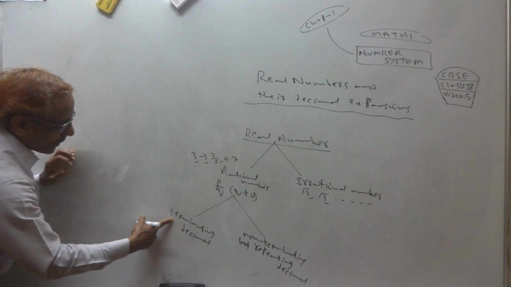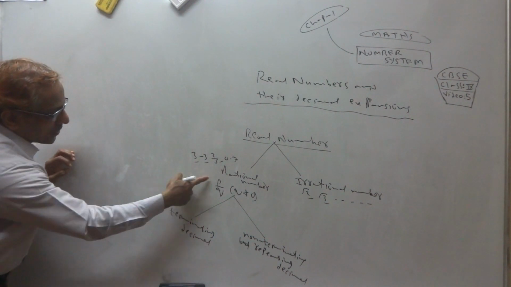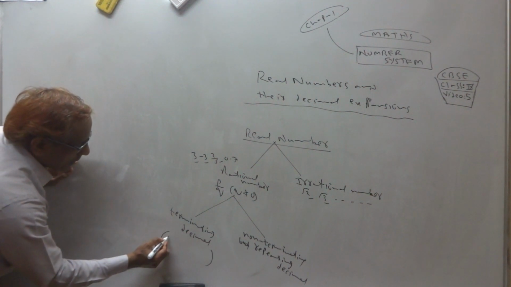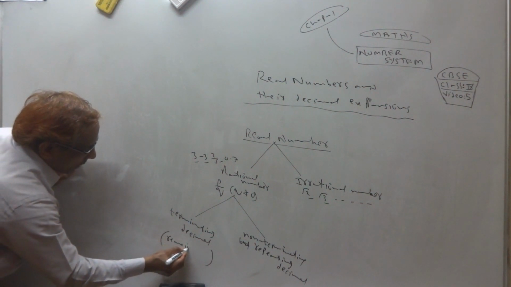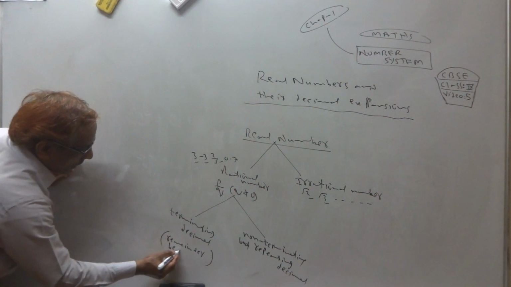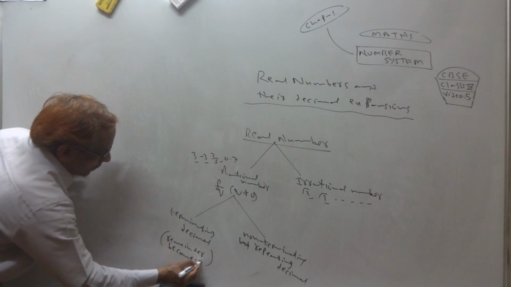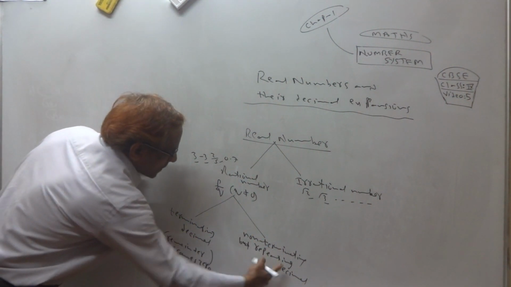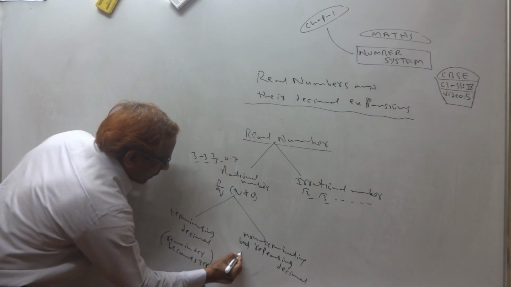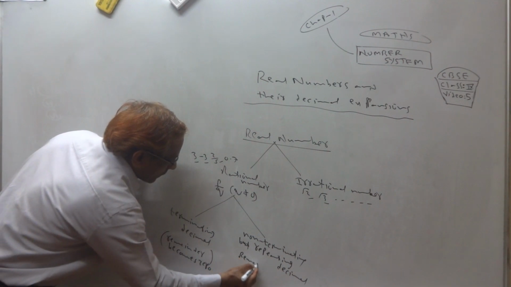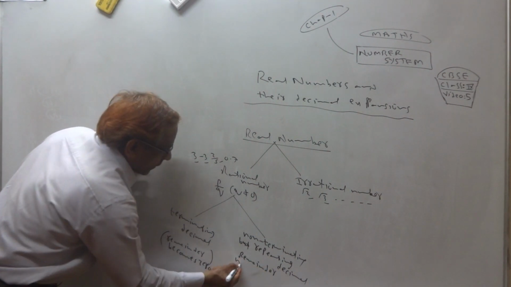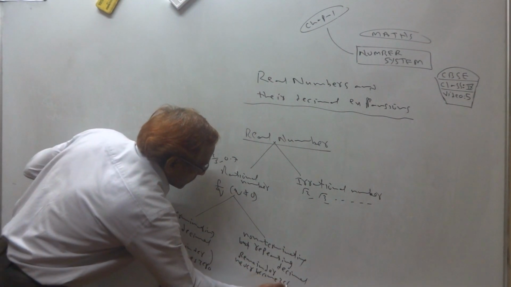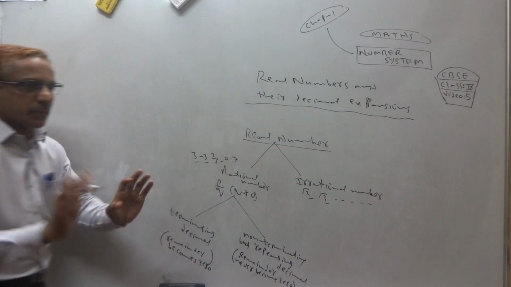When you divide a fraction, terminating decimal means the remainder becomes 0. Non-terminating but repeating decimal means the remainder never becomes 0. I am just giving an idea.